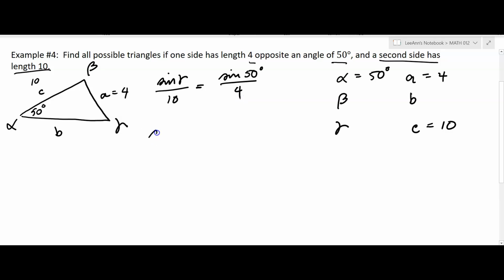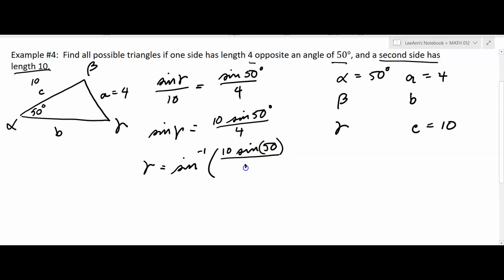Okay, then that means sine gamma equals 10 sine 50 degrees over 4. That means gamma is going to equal the inverse sine of 10 sine 50 degrees over 4.